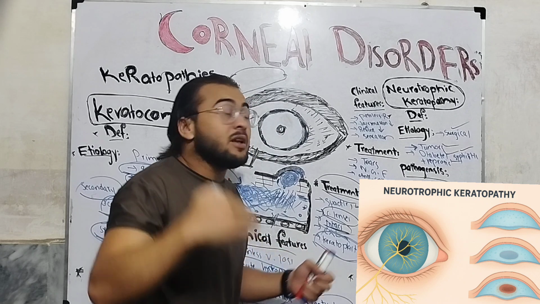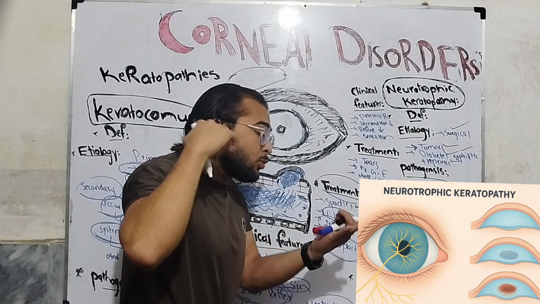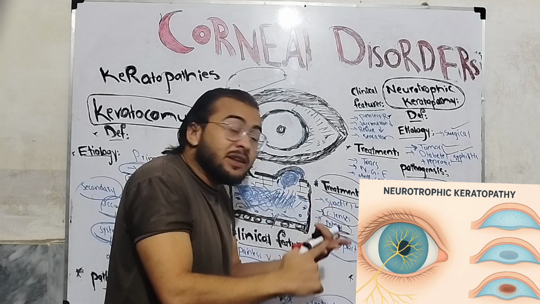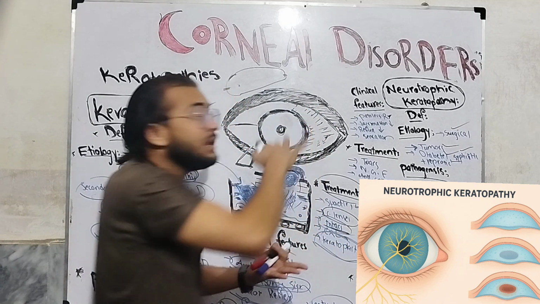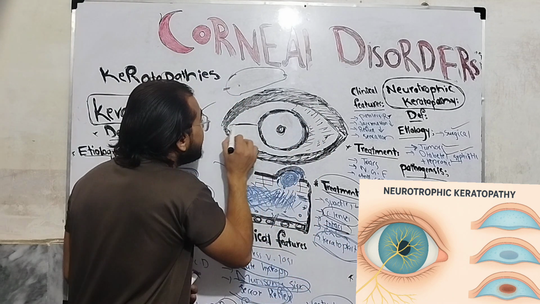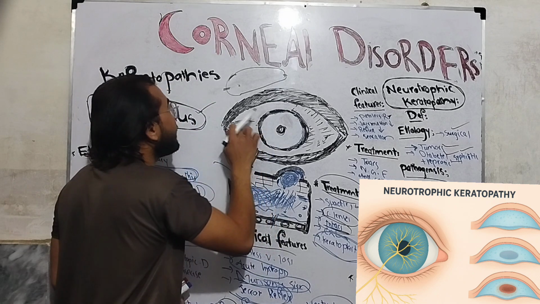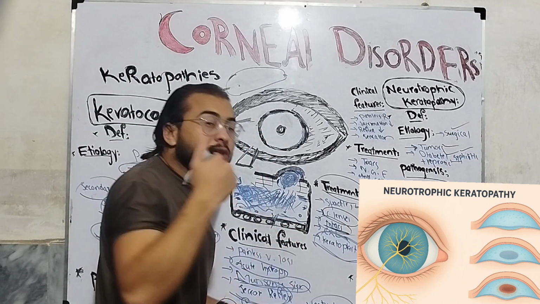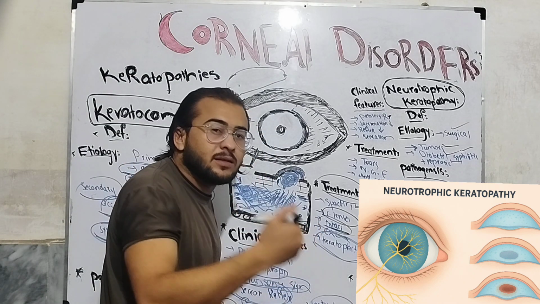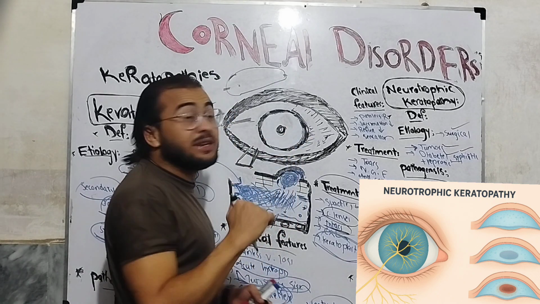These neuropeptides are necessary for protein production, epithelial growth, and the normal healing process. So when there is no trigeminal ganglion, there will be no neuropeptides, and the healing process and protein synthesis will be deranged.